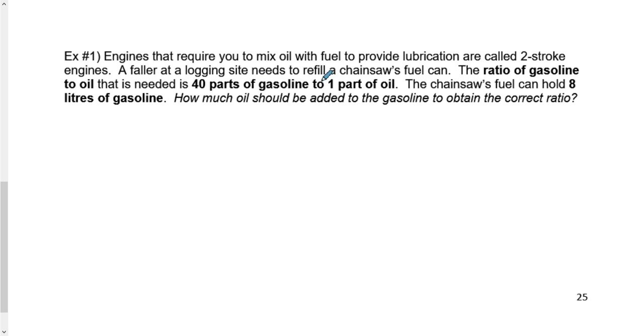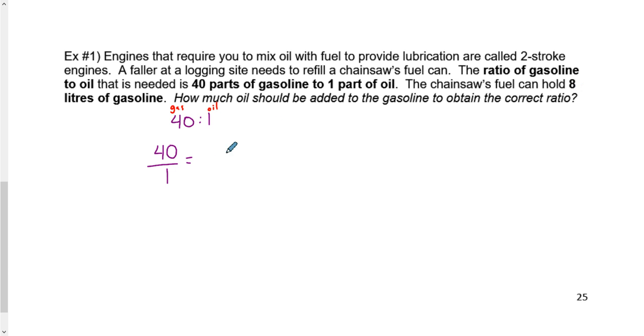So 40 parts of gas to 1 part of oil is the ratio we're using. 40 gas to 1 part oil. We have 8 liters of gas, so we're going to set up our proportion: 40 gas, 1 oil.